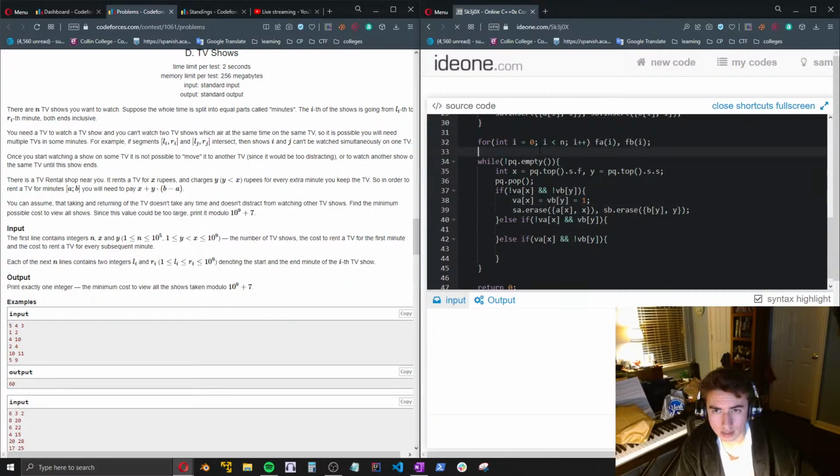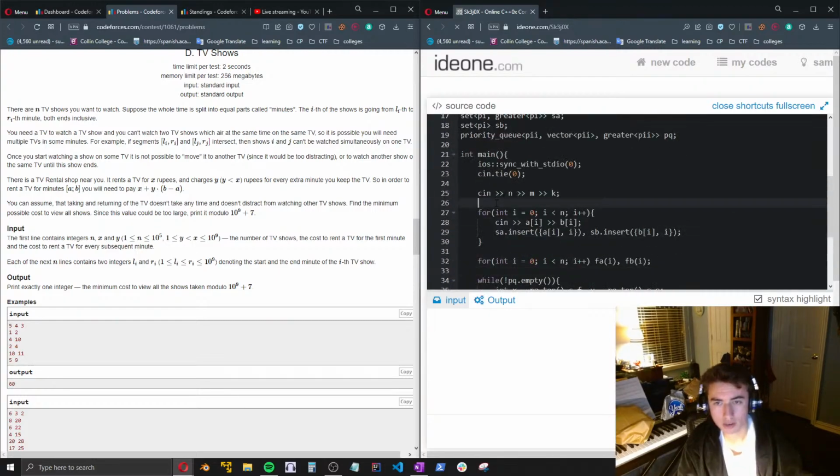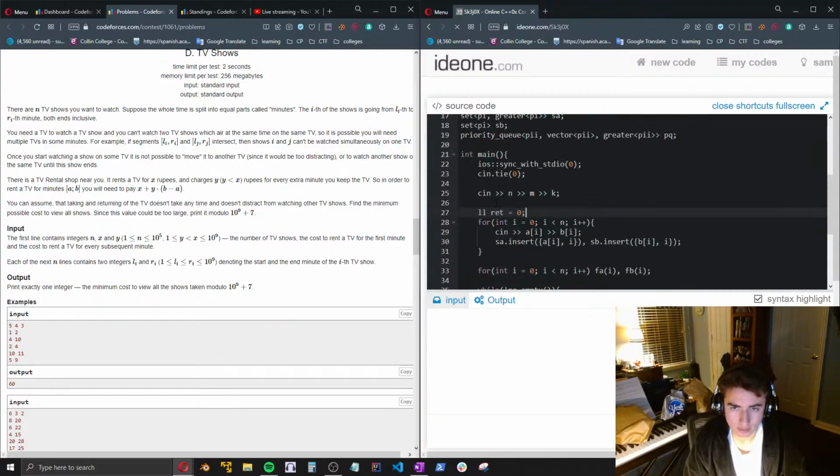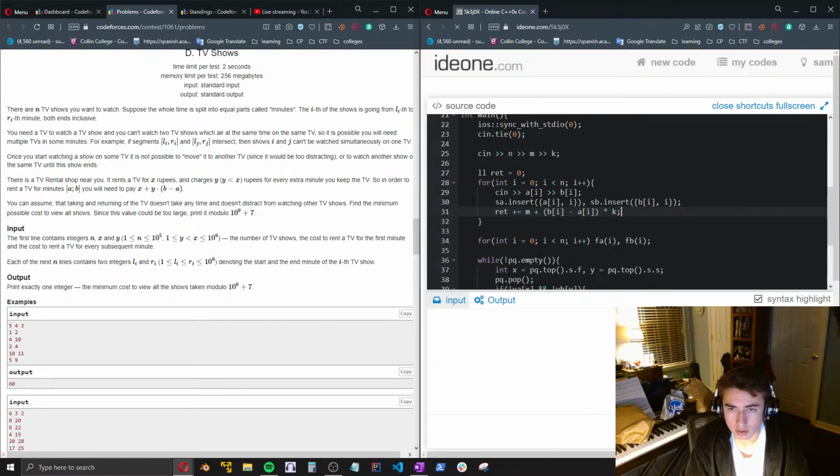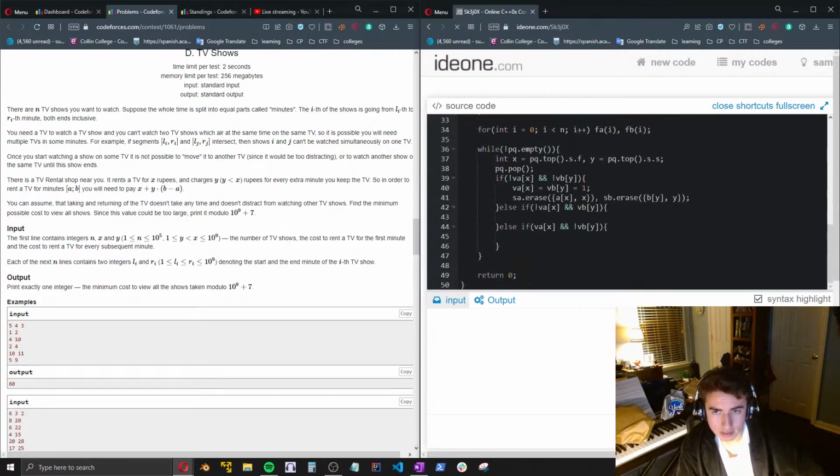We need to also remember to add. So what do we add here? Remember, we add at the beginning, n plus I times a, because we're assuming there's one TV for each interval at first, but then we're combining TVs here.